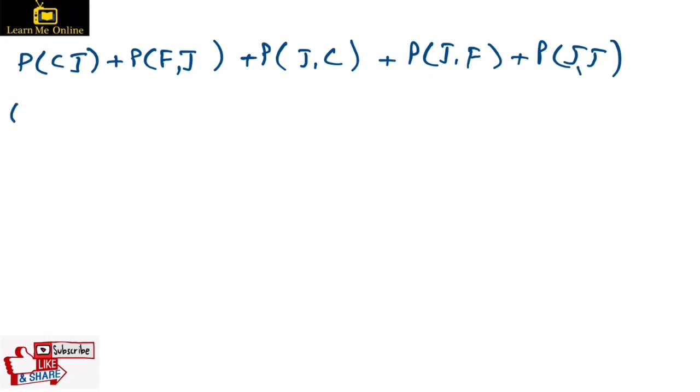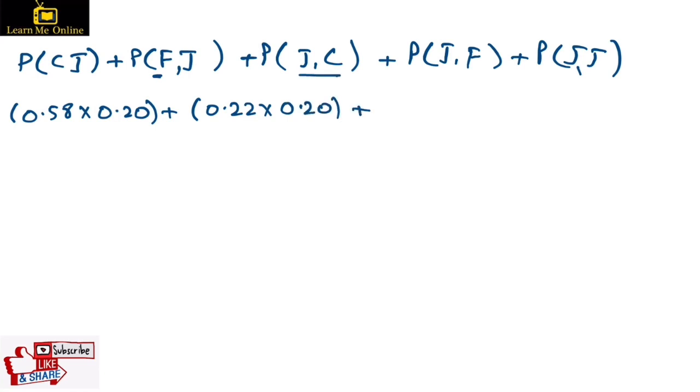Now the probability of the classical, we know that is 0.58 times jazz. So jazz is 0.20. So probability of F, we know from the previous, is 0.22, and the jazz is 0.20. That's the next combination. The third one is a jazz and a classical, so the jazz is 0.20 and the classical is 0.58.